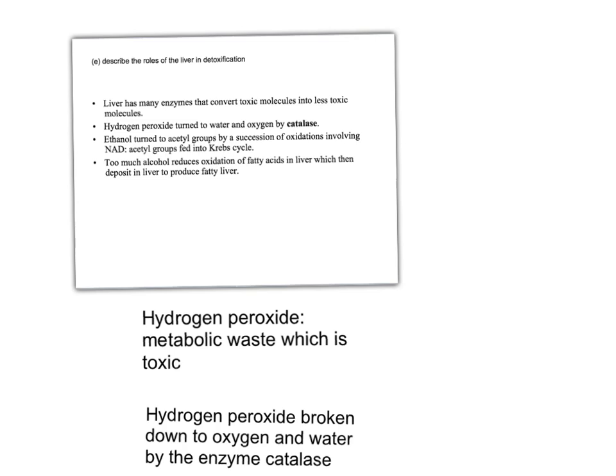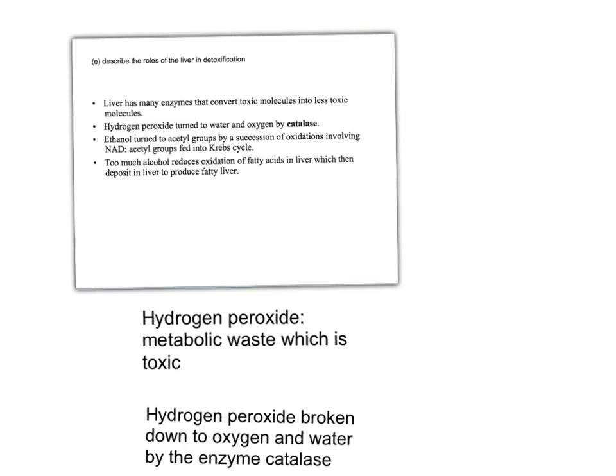Okay. And I've also written here, too much alcohol reduces oxidation of fatty acids in the liver, which then deposit in the liver to produce fatty liver. These acetyl groups, which are produced by the breakdown of alcohol, are also produced by the breakdown of fatty acids, and these acetyl groups are fed into the Krebs cycle.